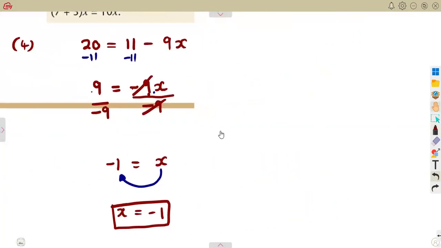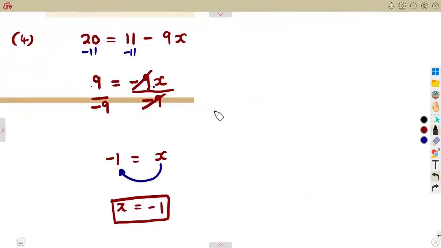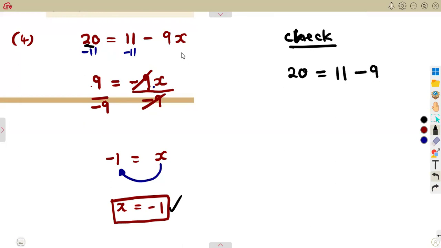So let's try and check if this is going to make some sense. If this x is -1, all right? That is the left-hand side, there is a 20 there, is equal to 11 minus 9x. Minus 9x means a product, minus 9 times x. So you can just put a bracket there.